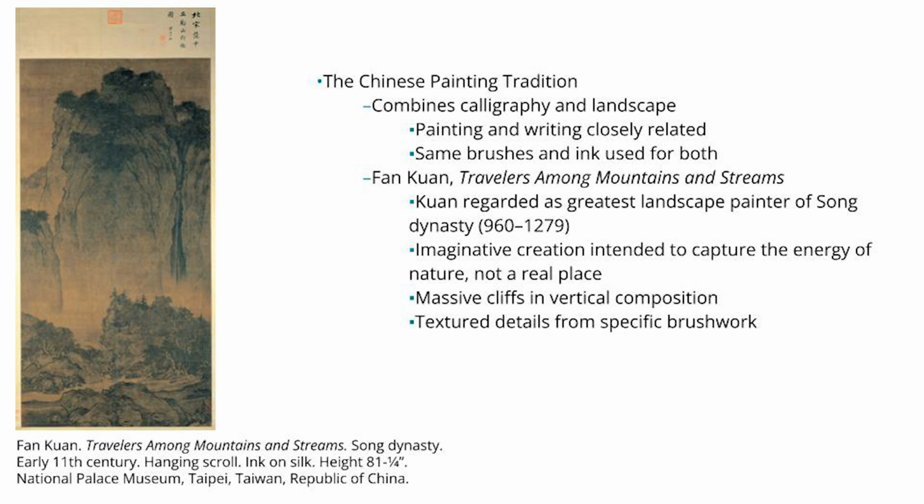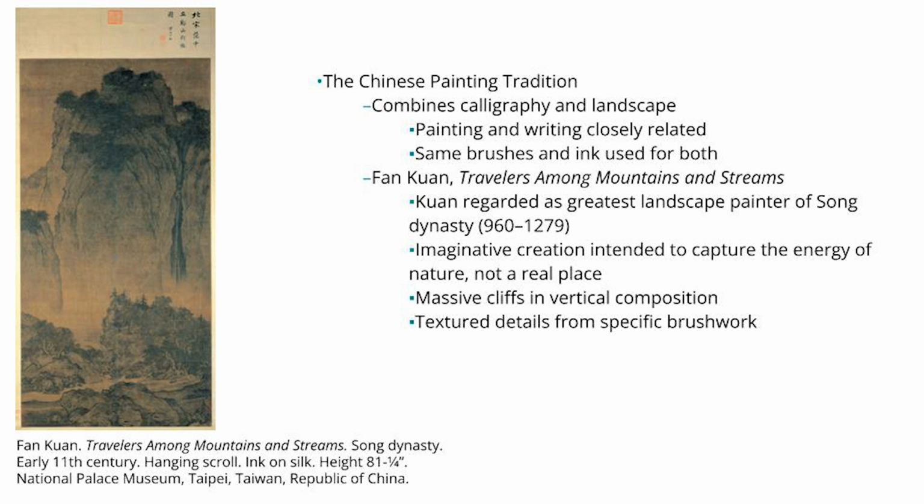Kuan was regarded as the greatest landscape painter of the Song Dynasty, which was between the years 960 and 1279. And Kuan made imaginative creations intended to capture the energy of nature, but were not a real place.